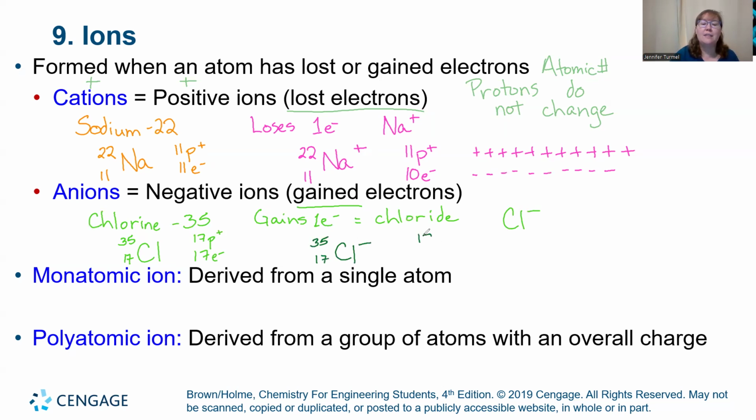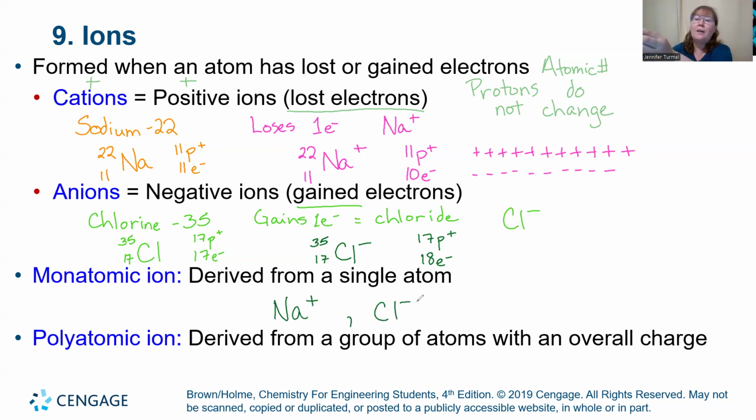In this case, now we have 17 protons and we've gained an electron, so now we have 18 electrons. A monatomic ion is derived from a single atom, and examples of that would be the Na+ that we have above or a Cl minus.